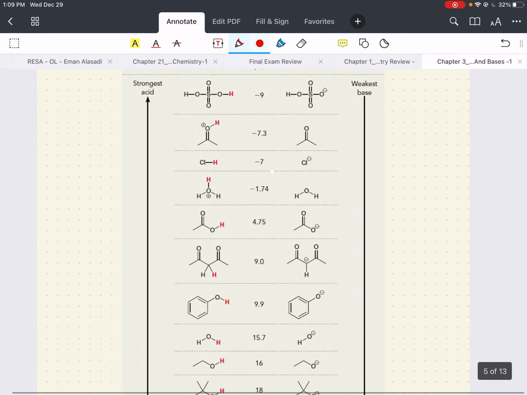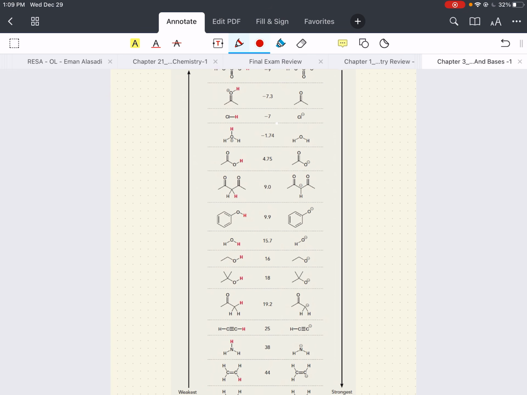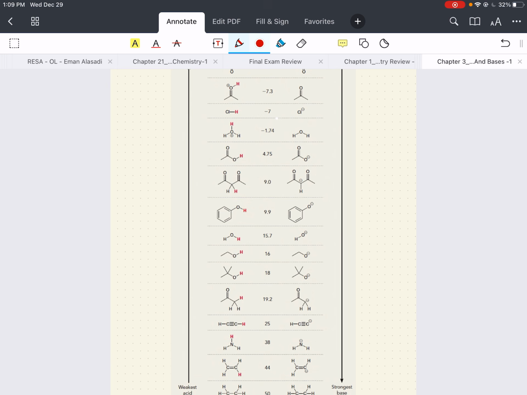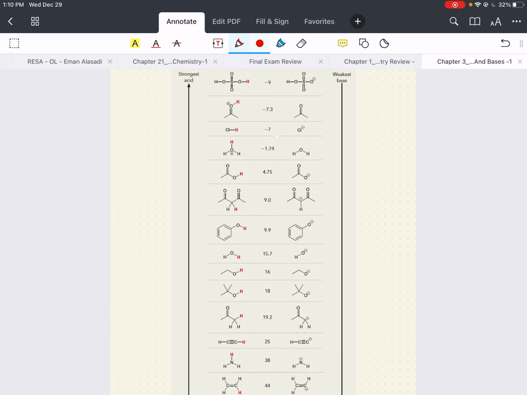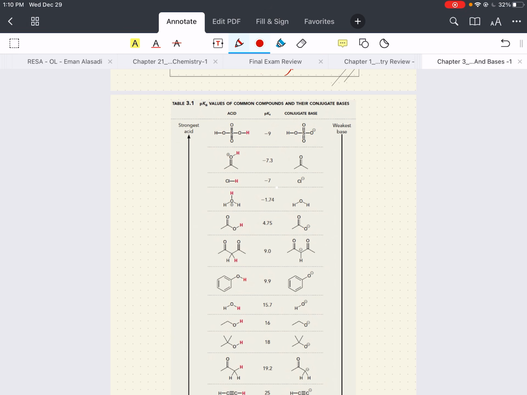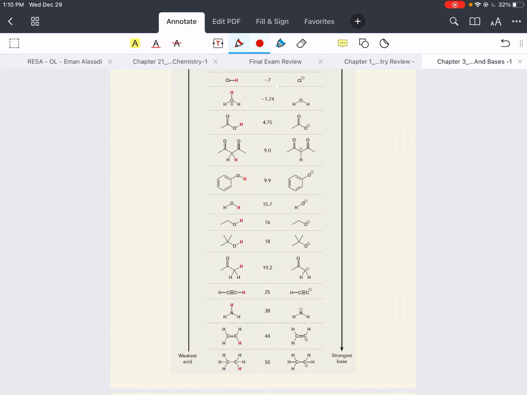Now, what we want to do is look at pKa values for some of the functional groups we discussed last chapter. This is a pKa table that you can find in the David Klein textbook, and it's really good if you become familiar with the associated pKa values for most of these functional groups.